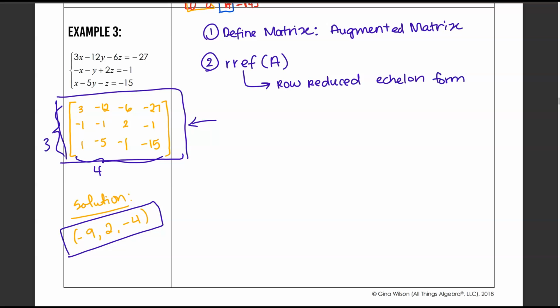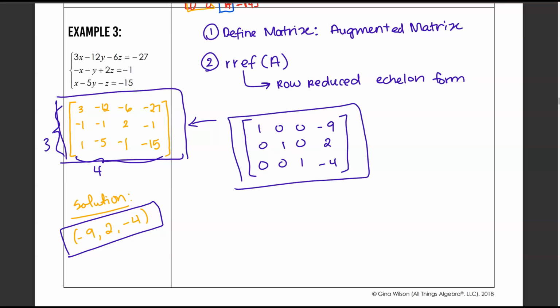Okay, and so that results in our identity matrix and our solution, which is going to be -9, 2, and -4. So it's definitely a lot easier to put it into the calculator than it would have been for us to have done that manually.